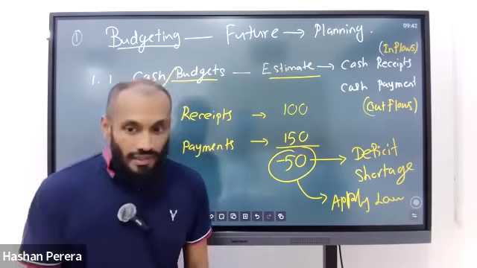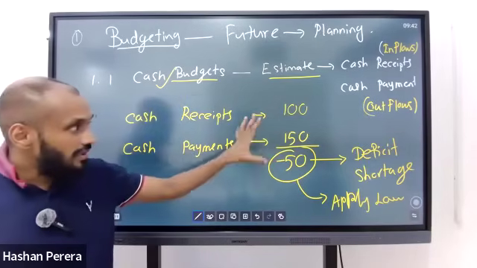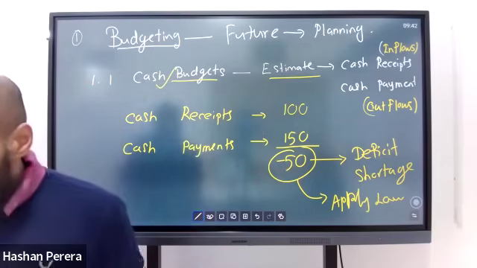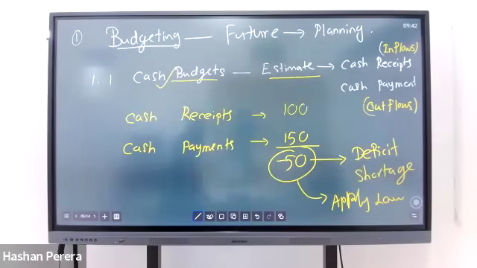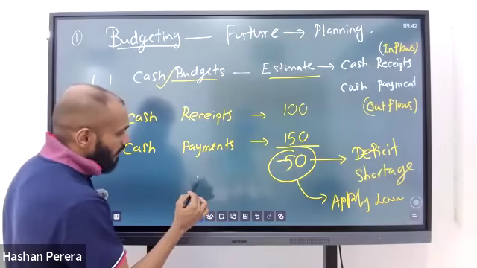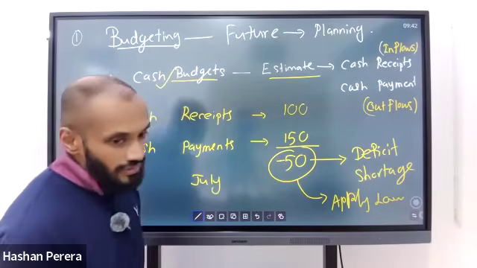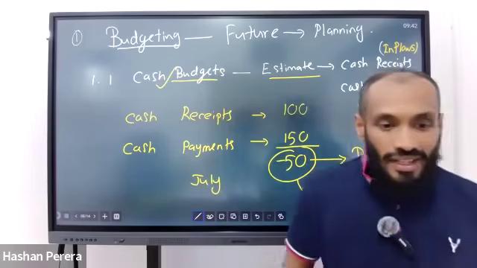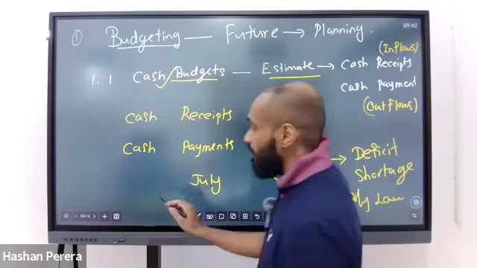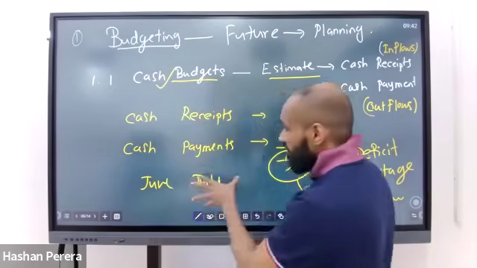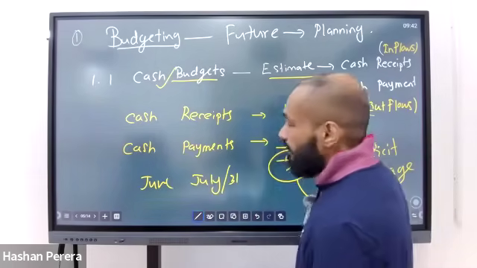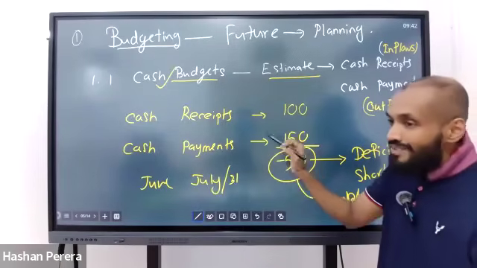Okay. Now, final point එක ලියන කලින් මම explain කරන තව point එකක් මේ බලන්න. When we are preparing this for a future period, this future period will come in future. Let's say we have prepared this for next month, which is July. Still we are in June. Clear? By the end of July, we know what has actually happened. We are preparing in June, but that is for the July cash budget. But by July 31st, we will get to know what has actually happened.